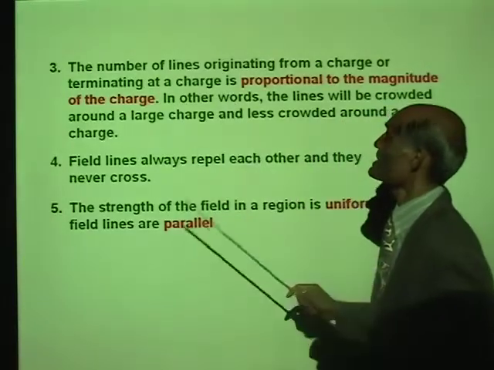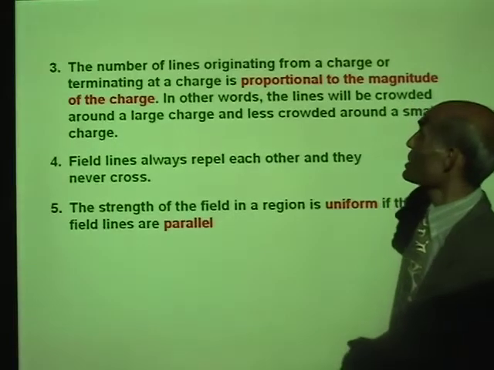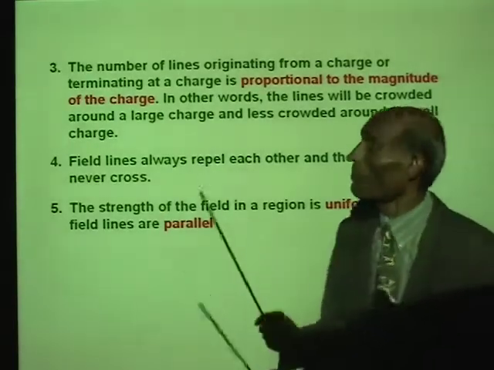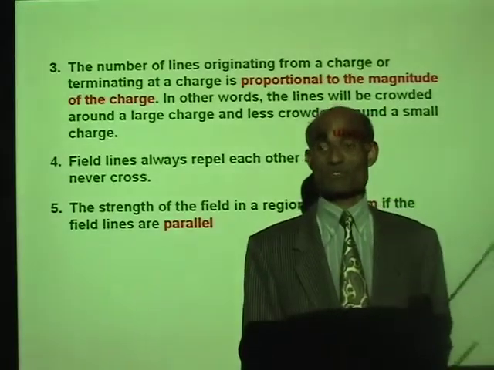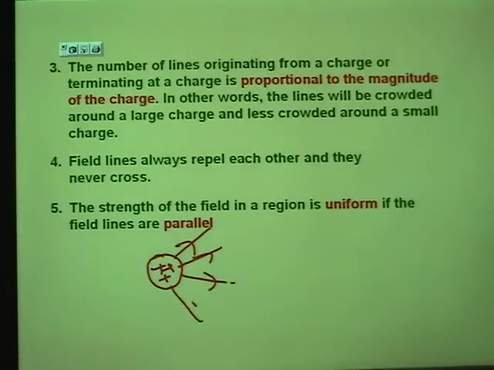That's an important concept. We said the number of lines originating from a charge or terminating at a charge is proportional to the magnitude of the charge. What that means is, suppose I have here a very large charge, a large quantity of charge. There will be a large number of lines of force originating from it.